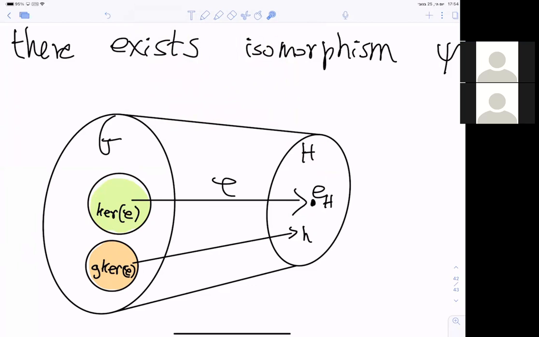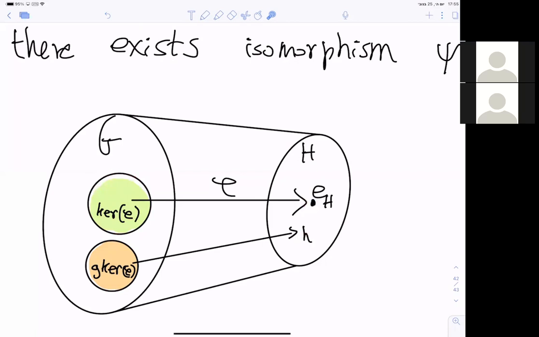So by taking G modulo the kernel, you think of any circle here as a point. So you get an isomorphism. If you think of any shift here as a point, then any circle goes to one target.